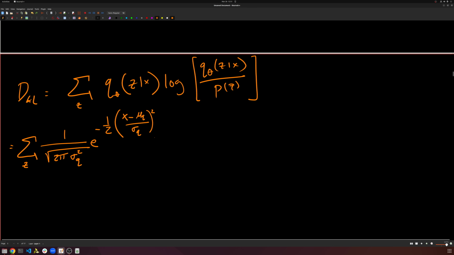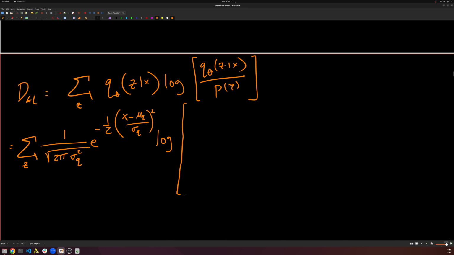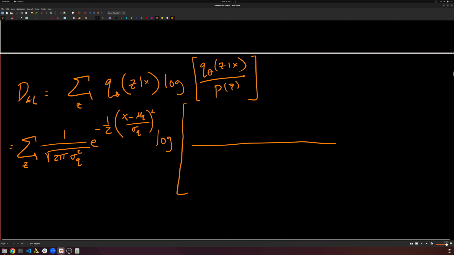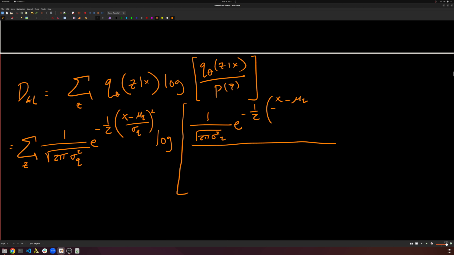So that's our first one. And then we're going to have the log of 2 more, writing all of this out. The first one's going to be exactly the same as before, so let's just rewrite it: 1 over square root 2 pi sigma squared q, e to the power negative 1/2 x minus mu q over sigma q squared. So that's the first one.